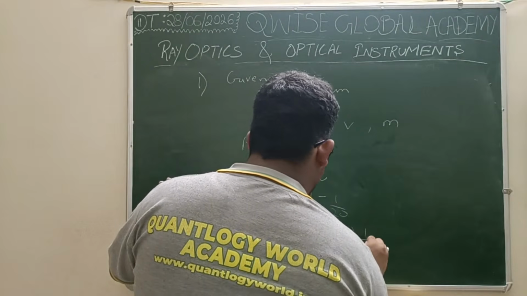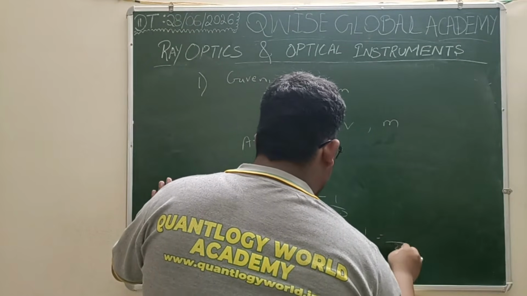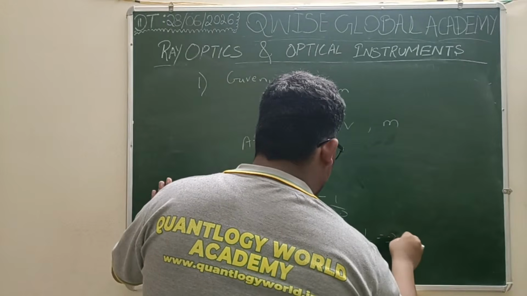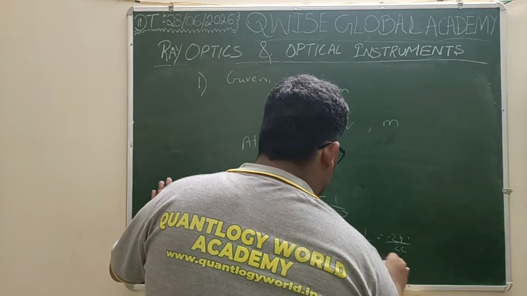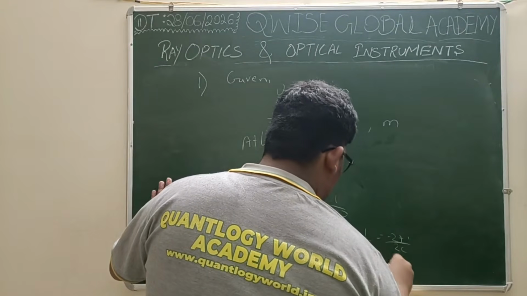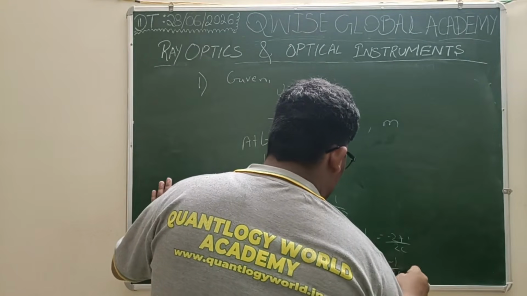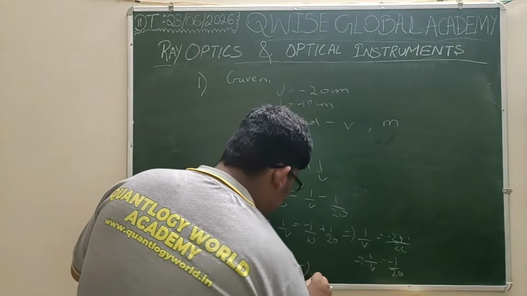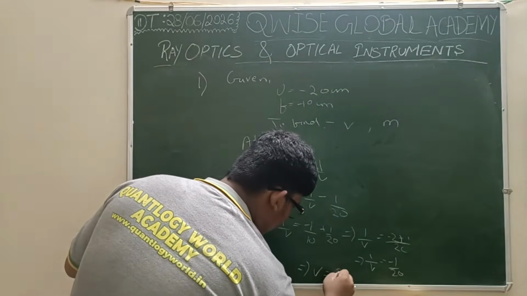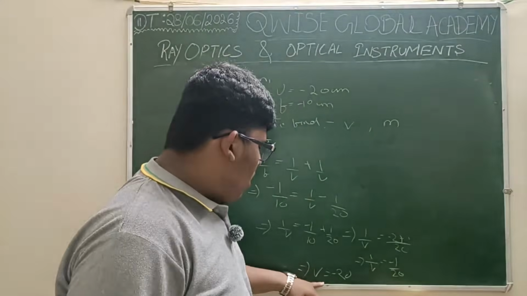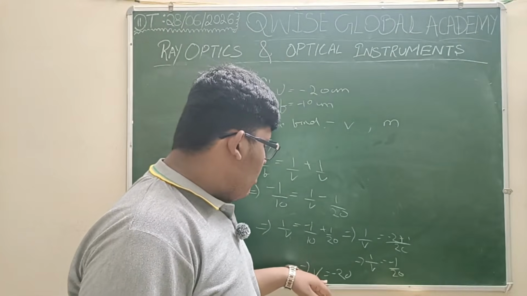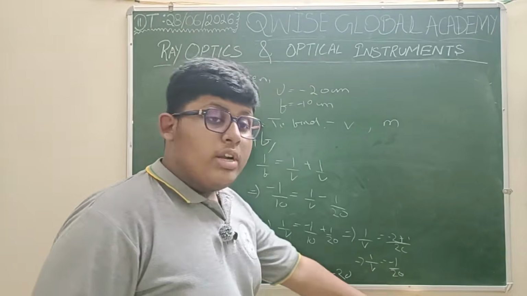Implies that 1 by v equal to, LCM is 20, minus 2 plus 1, 1 by v equal to minus 1 by 20. Implies that v equal to minus 20. So here the image formed, image distance is minus 20 centimeter.